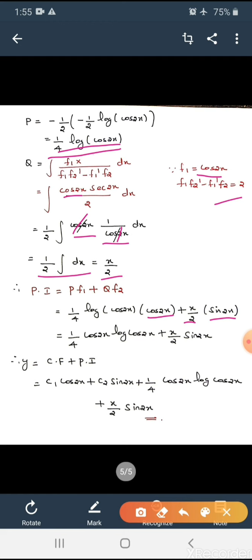This is PI. Next, let us form the solution y. y is equal to CF plus PI. That is equal to the complementary function c1 cos 2x plus c2 sin 2x, plus PI, which is 1 by 4 cos 2x into log cos 2x plus x by 2 sin 2x. So this is the solution of the second problem.